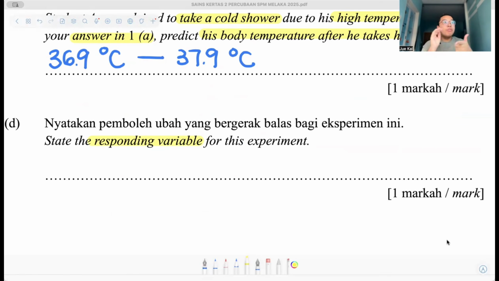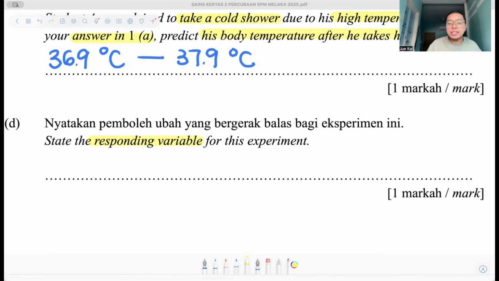Responding variable is the variable that gives you reading, record, or the answer. Answer means that when you do something, the result looks like this. Responding variable also provides the result. So everything you just refer to the result, reading, the measuring, the recording. That's all. You don't need to make it difficult for yourself.